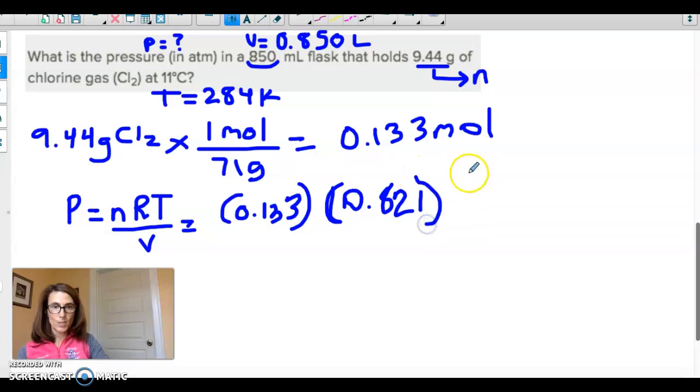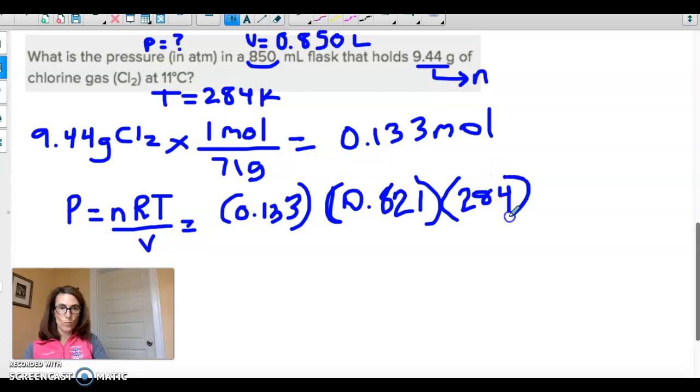It's very hard to be neat with this smart notebook. And then our T, which we calculated already, is 284 K. And then our volume, which we converted to liters already, is 0.850.